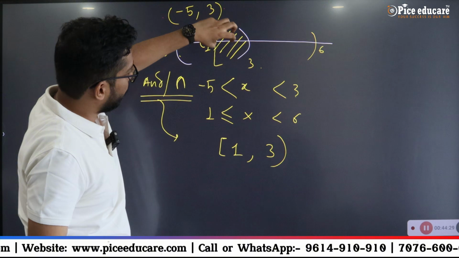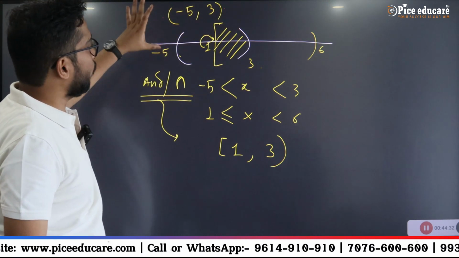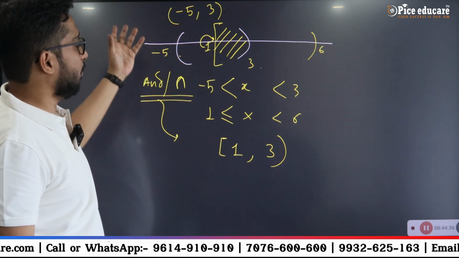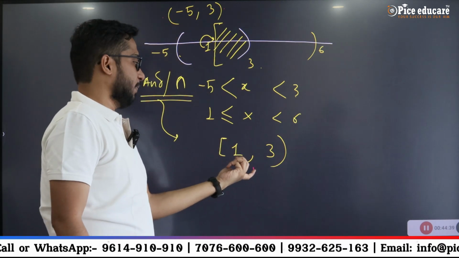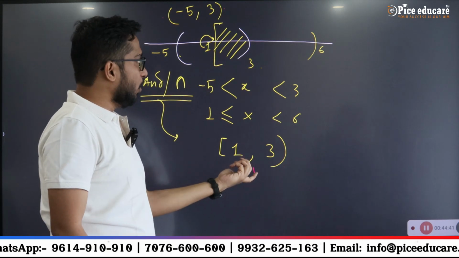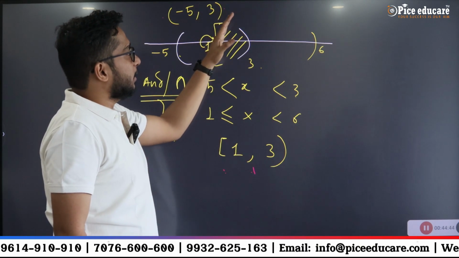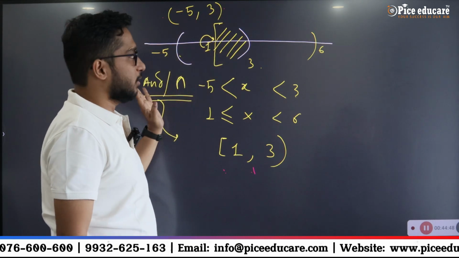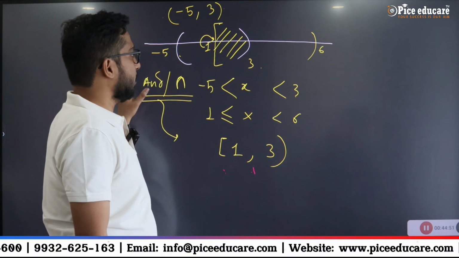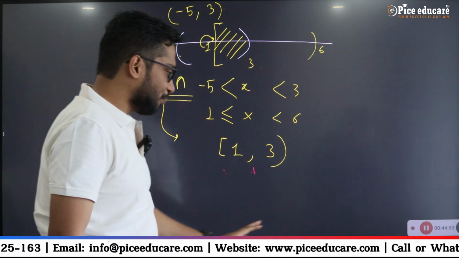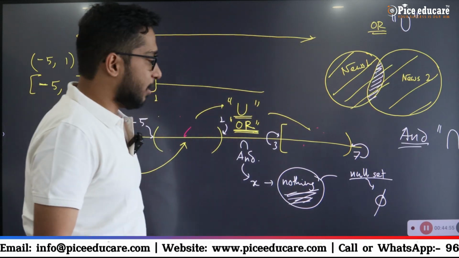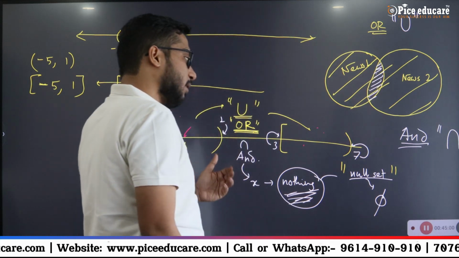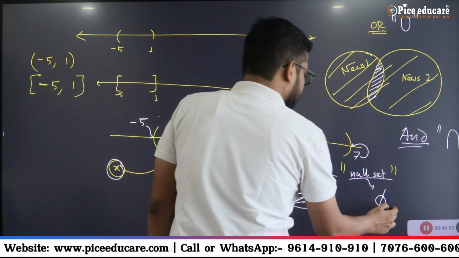So this zone. Whenever I give you two intervals or two subsets, intersection will give you some result in the form of another interval only when there is an overlapping zone between the two given intervals. Only then intersection has a meaning. Otherwise it will be a null interval or a null set, and it will be represented as phi, using this symbol.